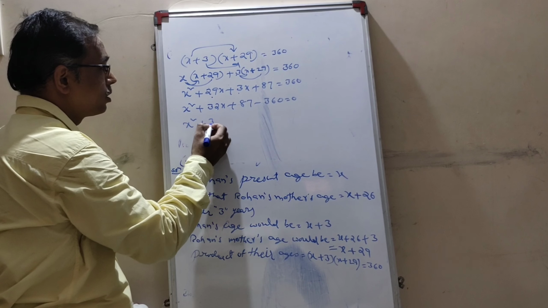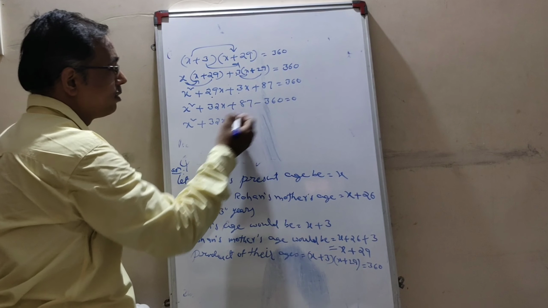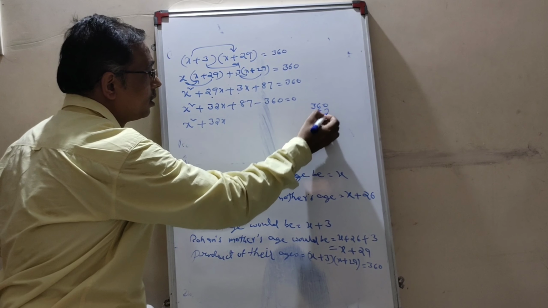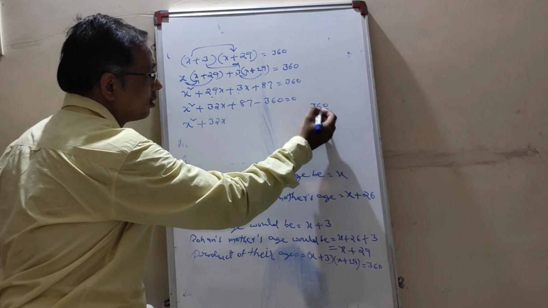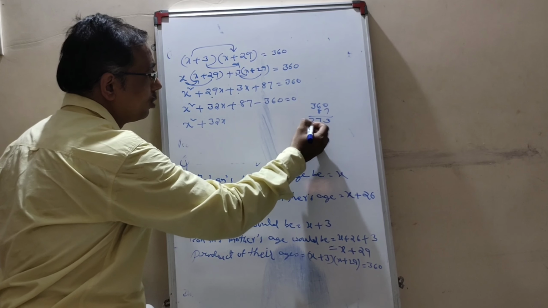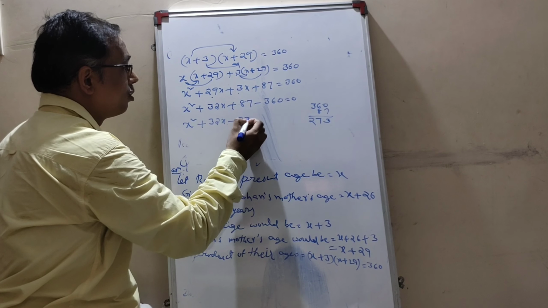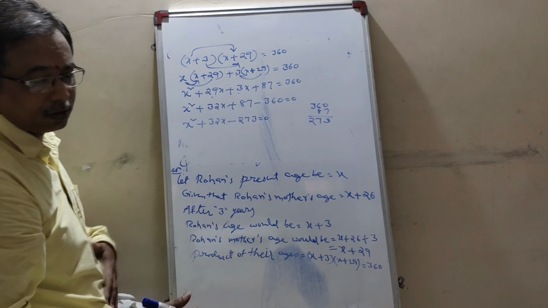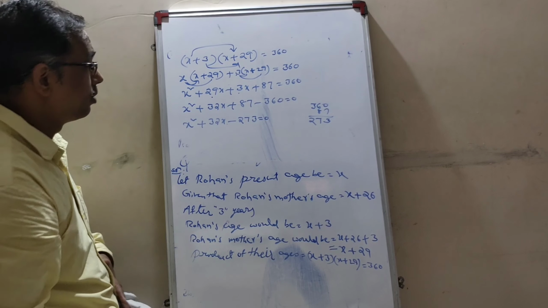Subtracting, we get minus 273. So x square plus 32x minus 273 equal to 0.